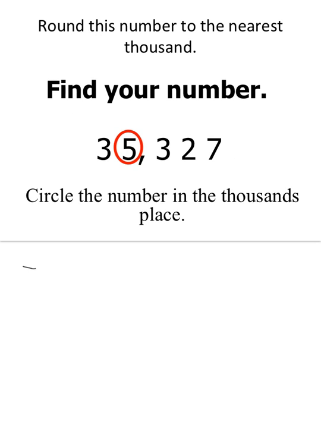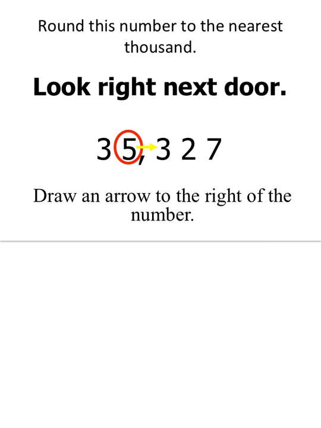All right, let's see another example. This says to round the number to the nearest 1,000. So first, I'm going to circle the number in the thousands place. That's why I've circled this 5. Next, I'm going to look right next door. So you can see I've drawn an arrow to the 3 that's right next door of the 5. That's the one I have to look at to see what's going to happen to my rounded number.